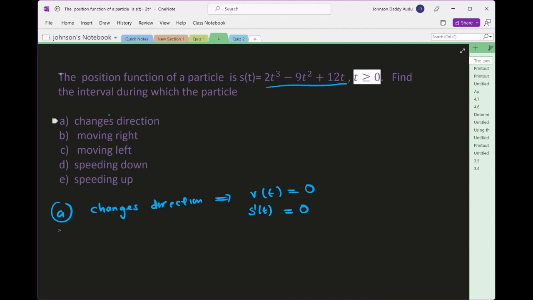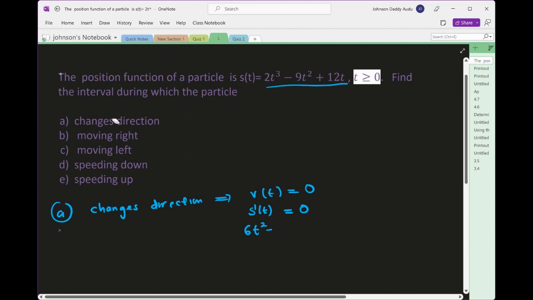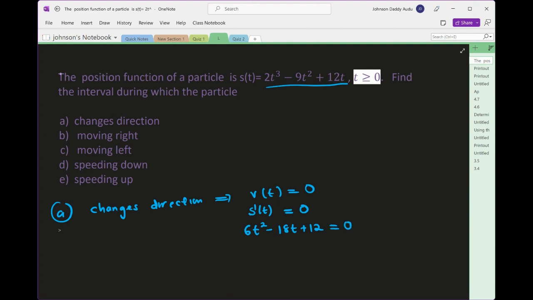And what is s prime? This is s. So s prime of t will be 6t squared minus 18t plus 12. So let's just put this equals to 0. We can factor out 6 so that you have t squared minus 3t plus 2 equals 0.